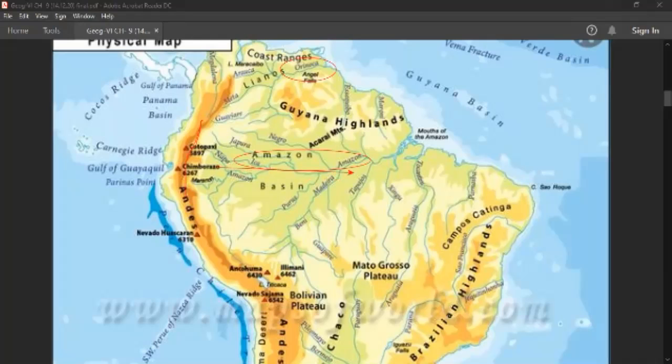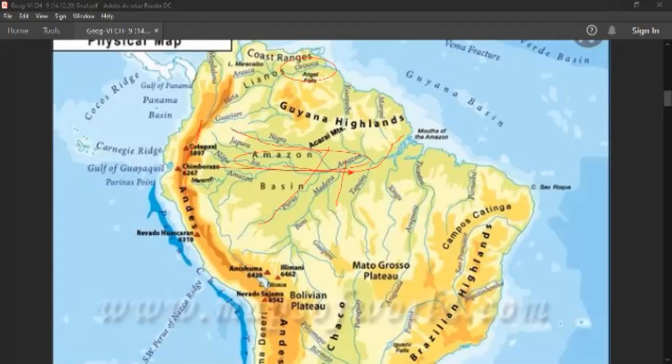It is fed by thousands of tributaries. As you can see, there are many tributaries of River Amazon that join it, and by daily heavy equatorial showers. Therefore, this river carries the largest volume of water in the world.